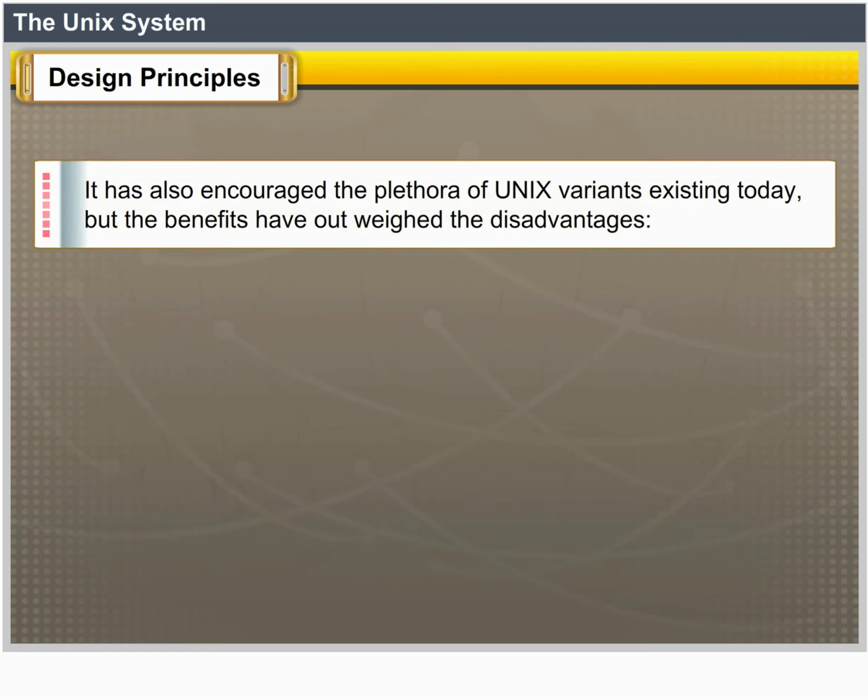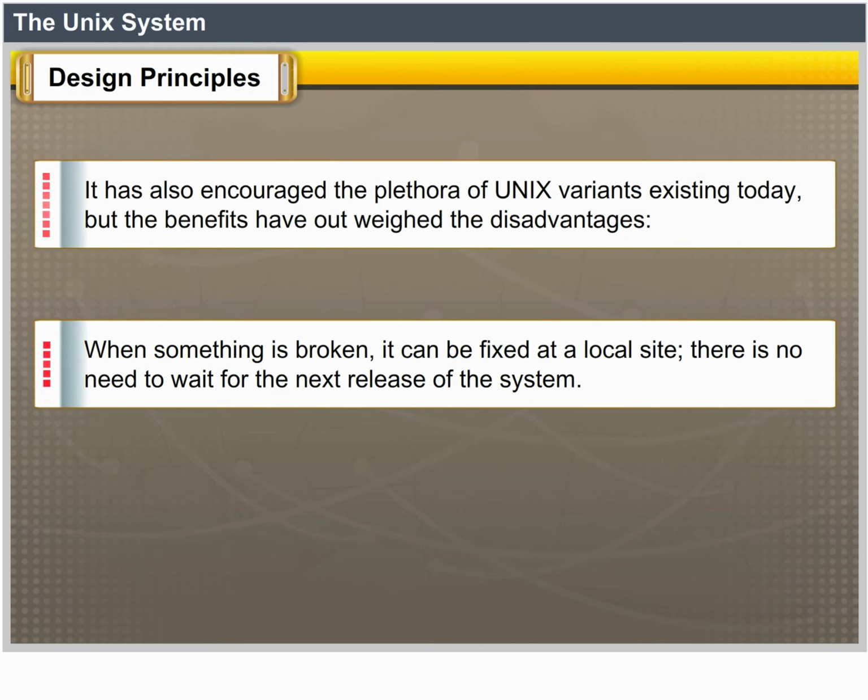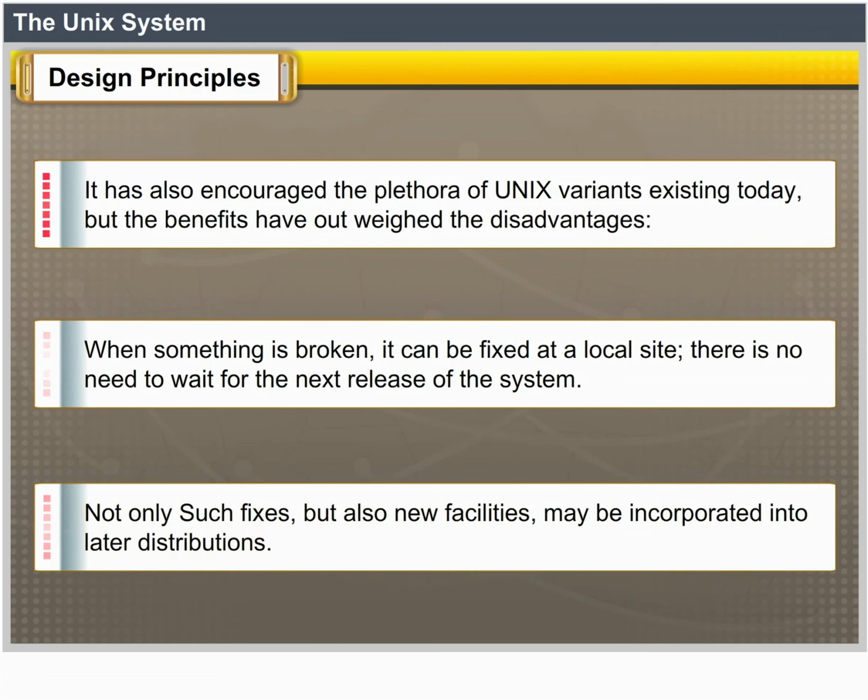It has also encouraged the plethora of Unix variants existing today, but the benefits have outweighed the disadvantages. If something is broken, it can be fixed at a local site. There is no need to wait for the next release of the system. Such fixes, as well as new facilities, may be incorporated into later distributions.